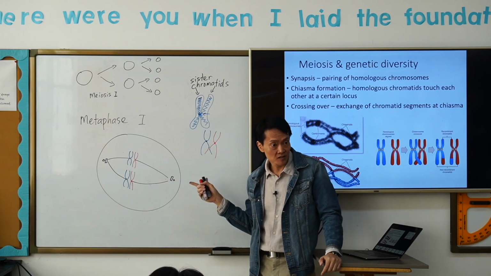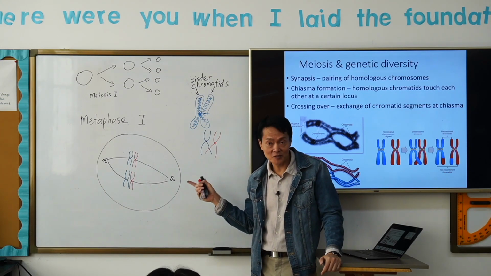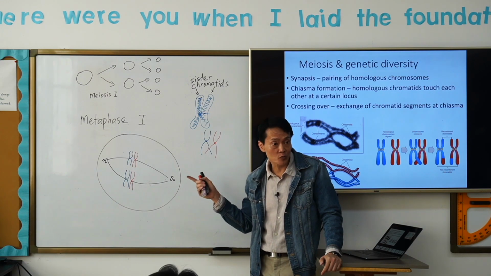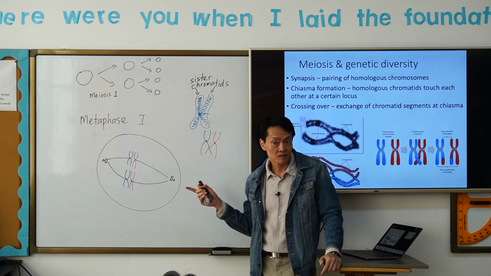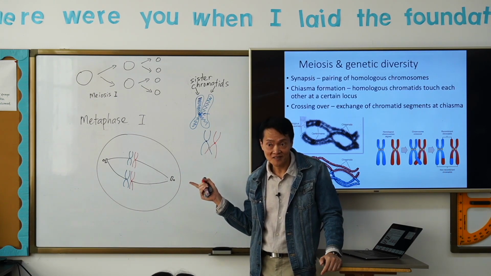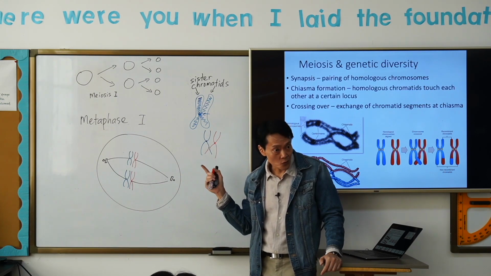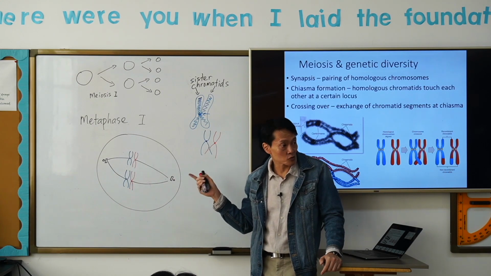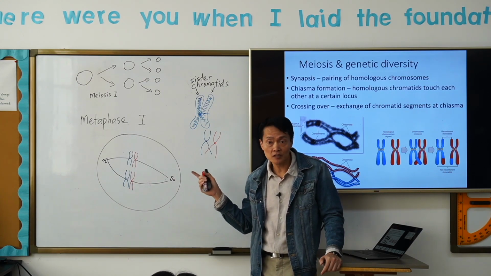But if you look here, if the spindles pull, do the chromatids separate? No, the entire chromosome is pulled to one end. Can you see the consequence of this difference? In other words, when the spindles start to pull, the homologous chromosomes are separated.